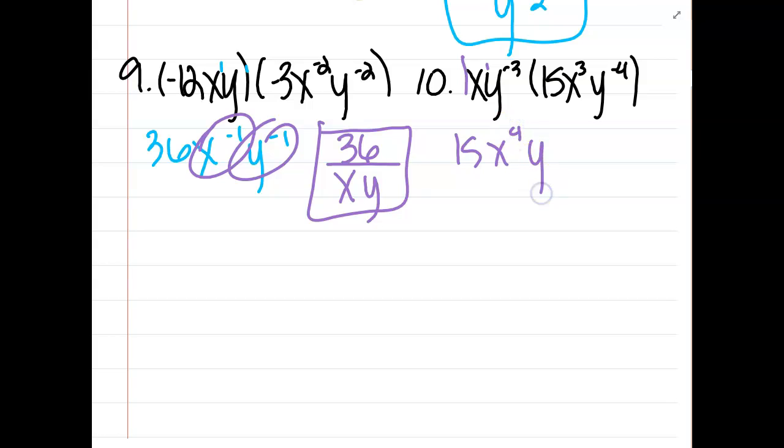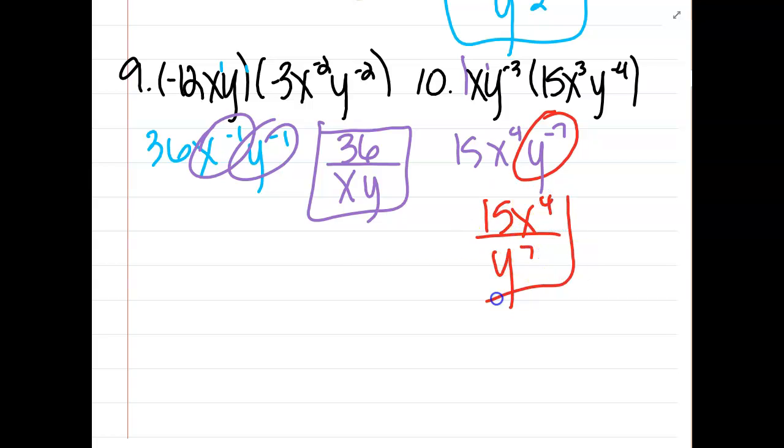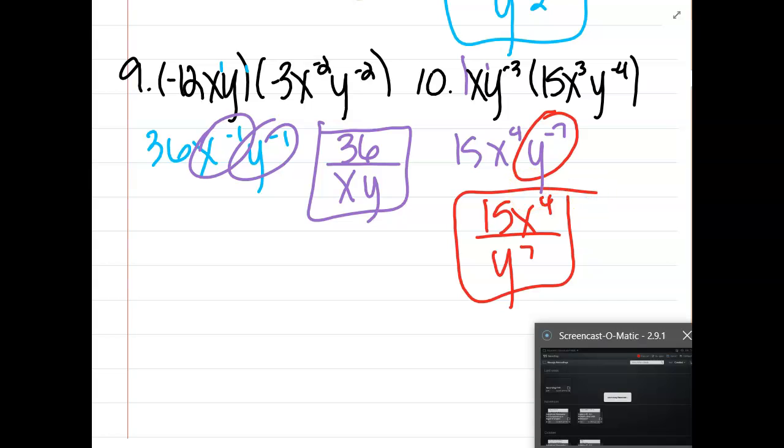And then y to the negative 3 plus negative 4. Excellent. Negative 7. And then what's the last thing I need to do? Yeah, move the y. And only the y. We're going to leave the 15x to the 4th. Flip that y down to the denominator. And off we go.